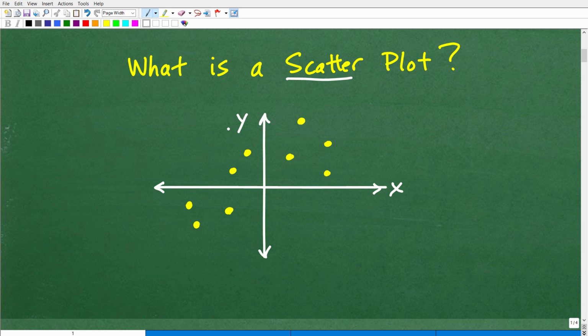We're plotting points on the XY plane, and they're kind of scattered about here on this XY plane. But if you notice, when we're looking at this plot, these points that are kind of scattered here, there appears to be some sort of trend going on, right? It appears that maybe the points here are kind of going in this general direction.